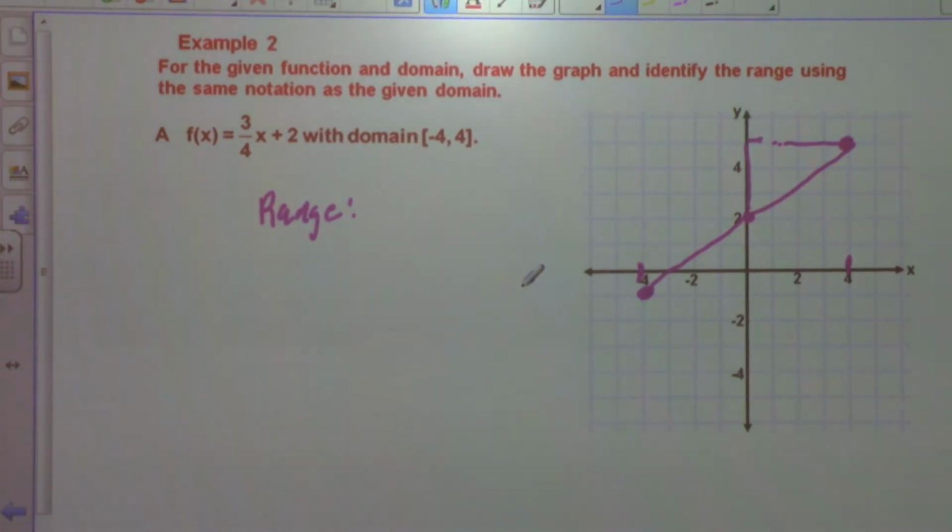Yeah, Stephen? No. Victoria? Luke? Jace? Emma? Would it be -1 and 5? So bracket -1. Okay, so Emma says bracket -1. Does that look right to you?